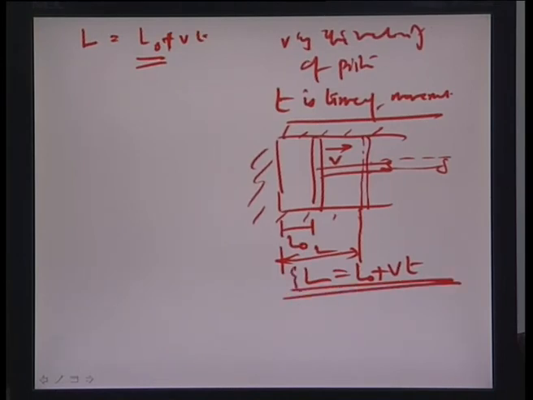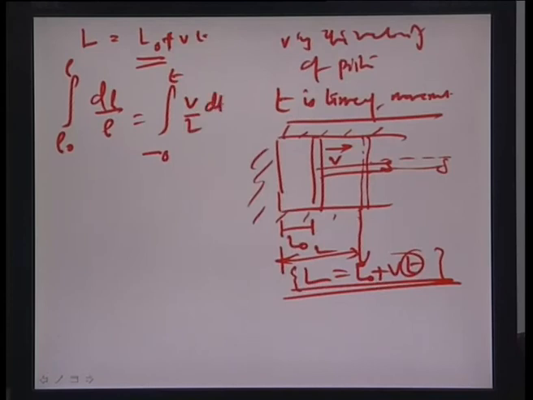So if we assume this to be the final length at time t, and this the length when the process started, we have the integral of dρ by ρ, where ρ varies from some quantity ρ0 to some value of density ρt, equals the integral from 0 to t of minus v by L dt.